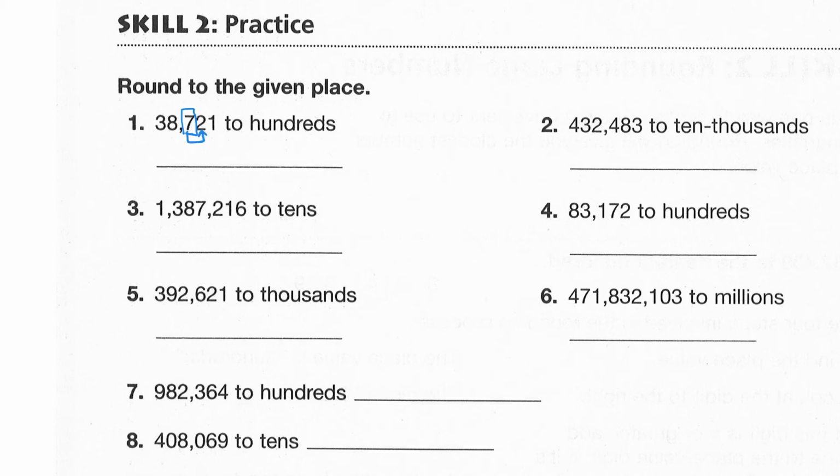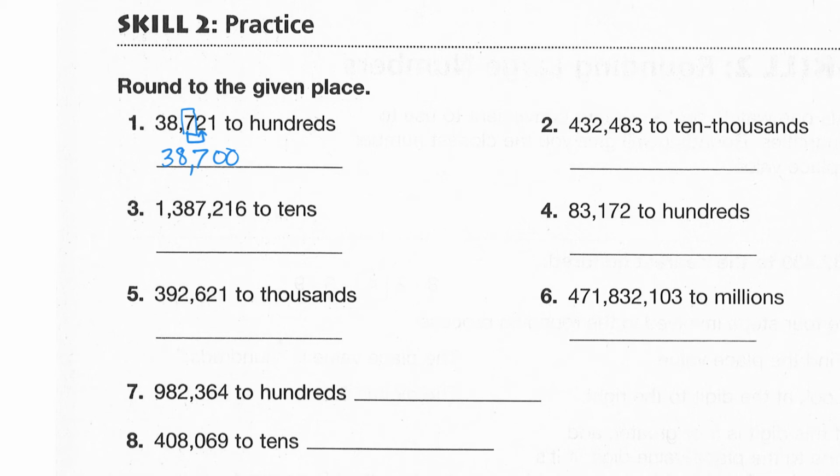So that means the 3 is going to stay the same and the 8 stays the same. But also the 7 stays the same because that 2 is 4 or less. So that does not bump it up. If that was a 5, 6, 7, 8, or 9, that would go up. So 3, 8, 7, and then these become zeros. There you go.